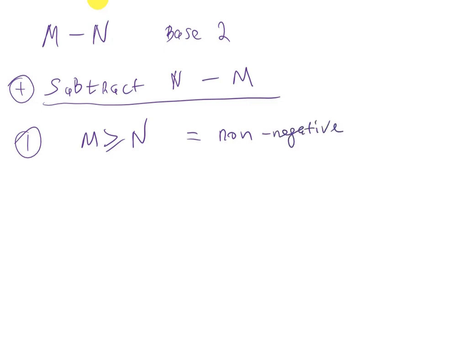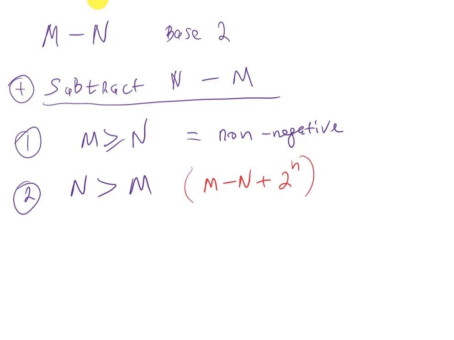The second case, which we also discussed, is when n, the subtrahend, is greater than m. In this case, what we did in the previous example is take the difference m minus n plus 2 to the n.